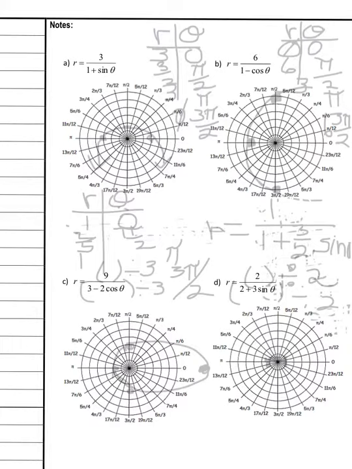I flip it and I get negative 2. So this is my hyperbola right here. All right. Go ahead and do the try me questions, and then you can start on your assignment.